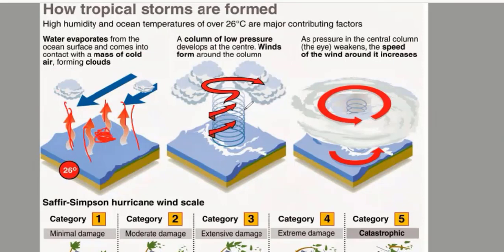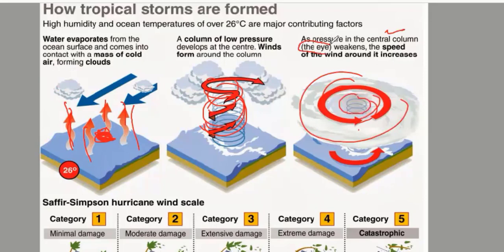And that low pressure develops an air column or wind column, and it starts to rotate around it. And when the air pressure in the center becomes weaker, the spin becomes stronger. And this center is known as the eye of the storm.